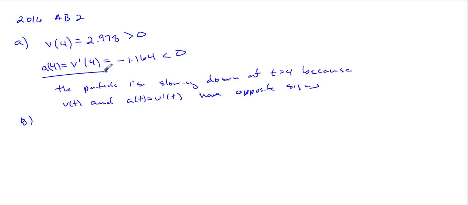Find all times t on the interval 0 to 3 this time when the particle changes directions. You're looking for when the velocity equals 0 and changes signs, right? Go find that in the graph and only look at 0 to 3.